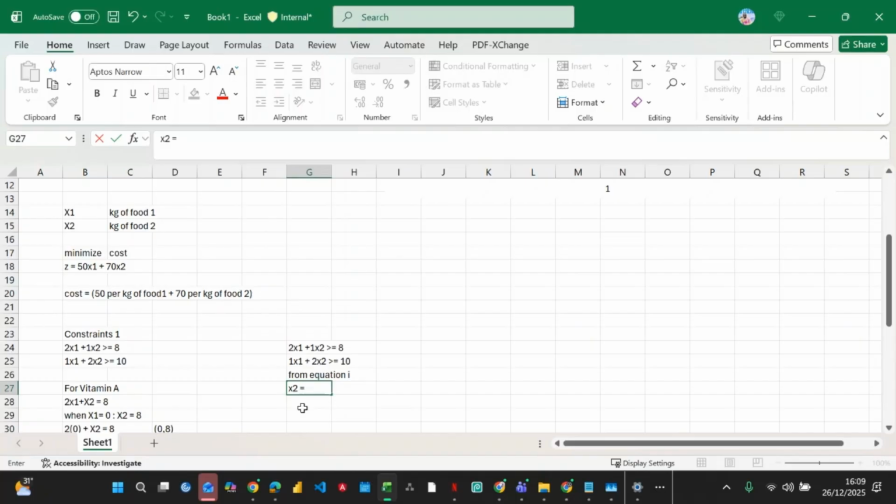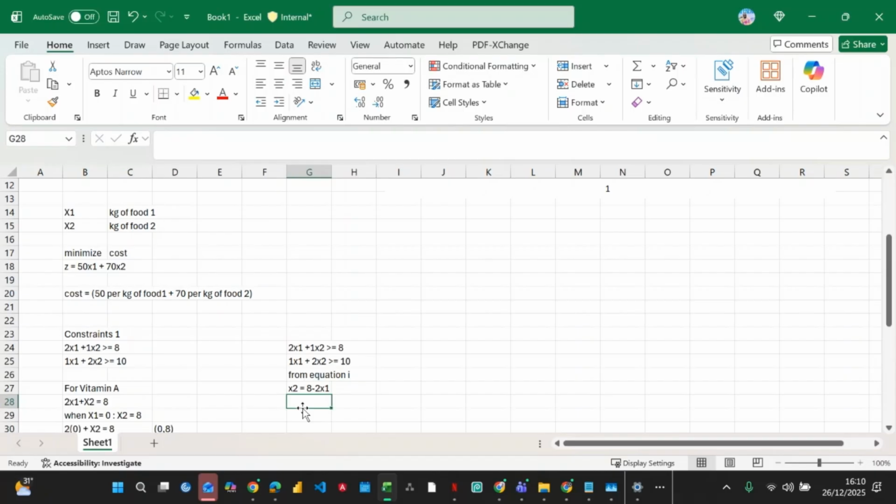We have x2 is equals to 8 minus 2x1, right? So we have this. Then what we do now, we do substitution. Just put it in there.